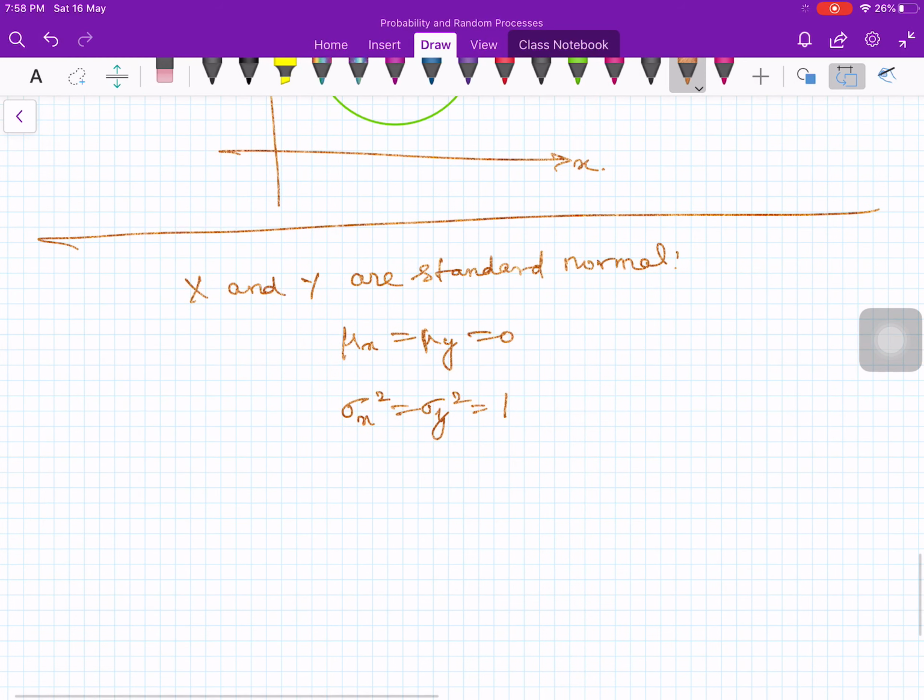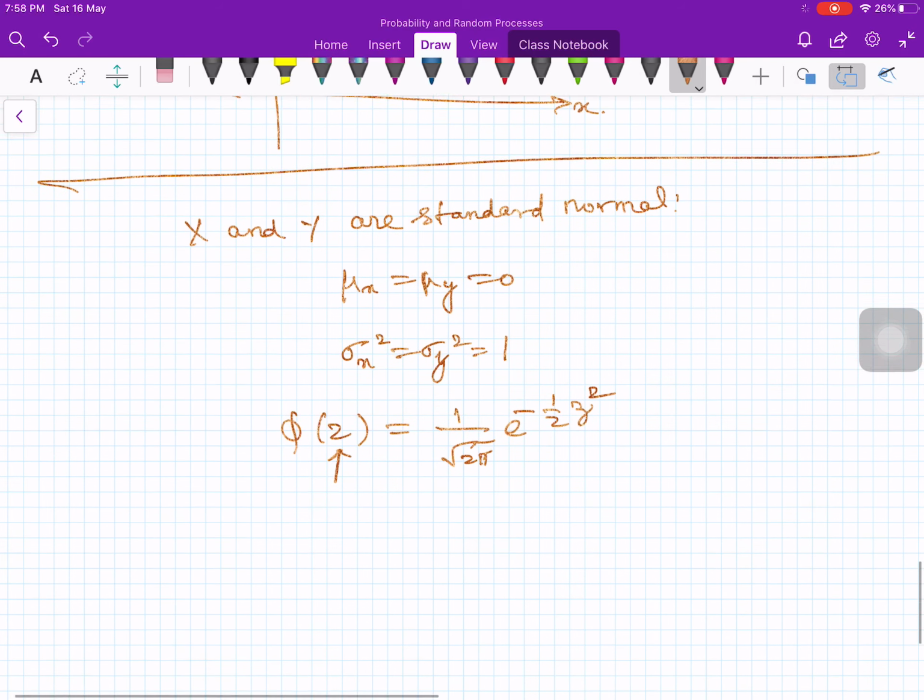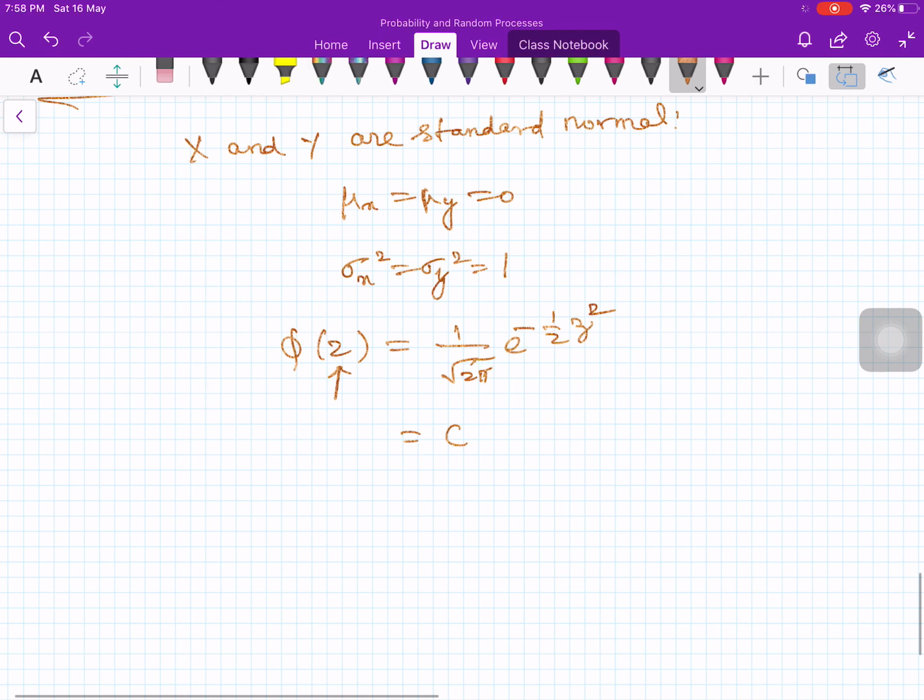Therefore, your density function is written like this, phi of z, not with x. Okay. So when it is standard normal, then we use z. Therefore, phi of z equal to 1 by root of 2 pi e to the minus 1 by 2 z squared. So let me write that as c times e to the minus 1 by 2 z squared.